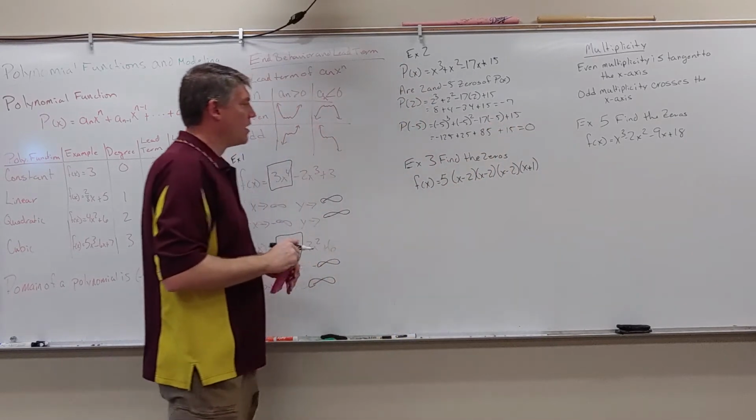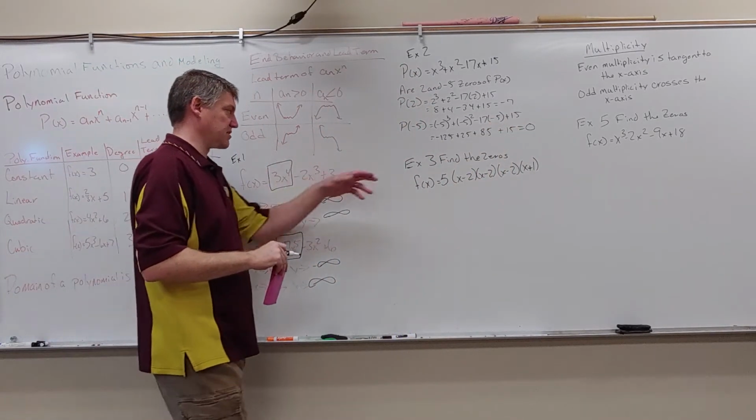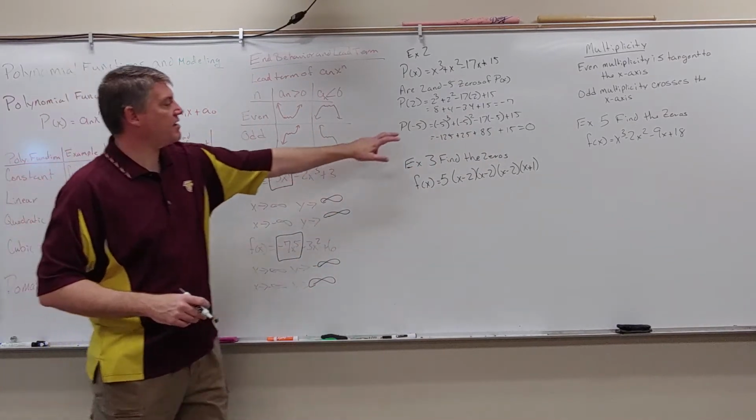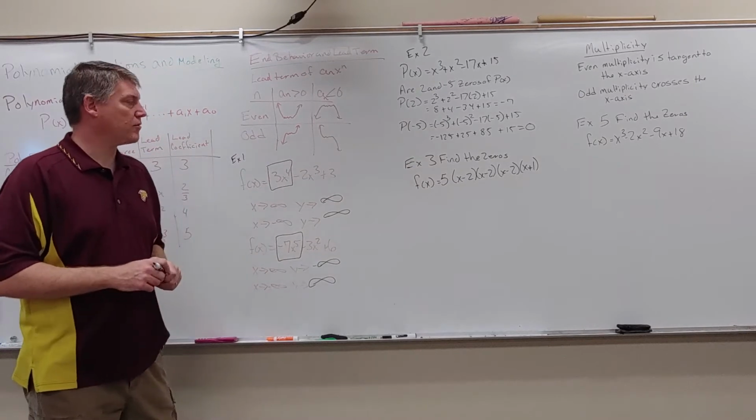Sorry about that. So negative 5 is a 0, 2 is not a 0.